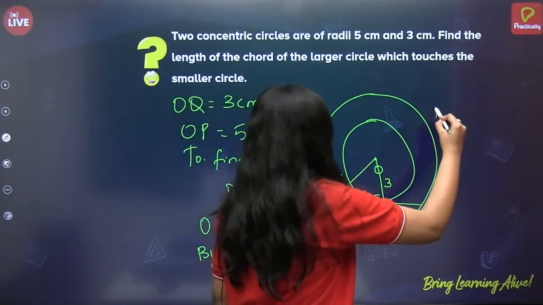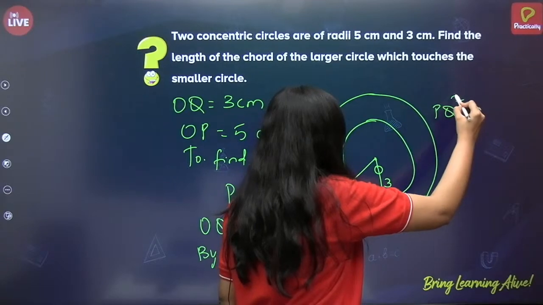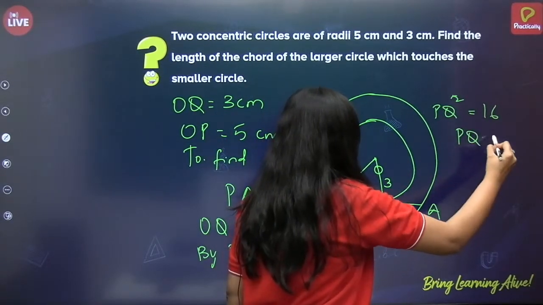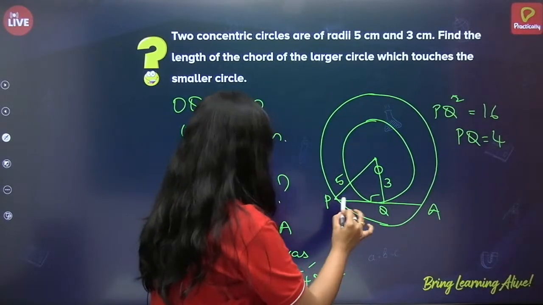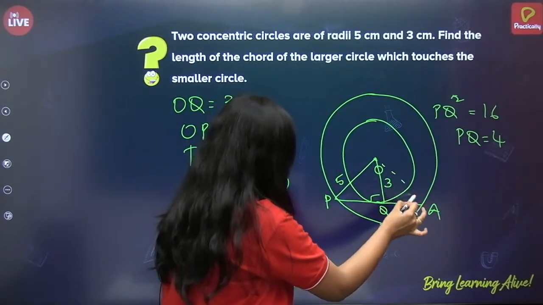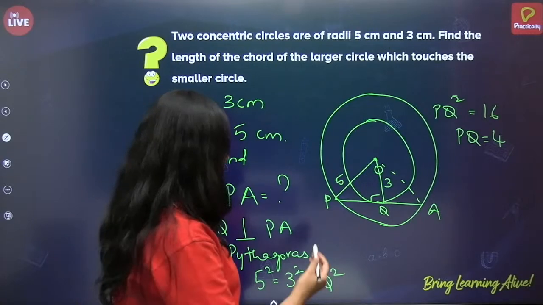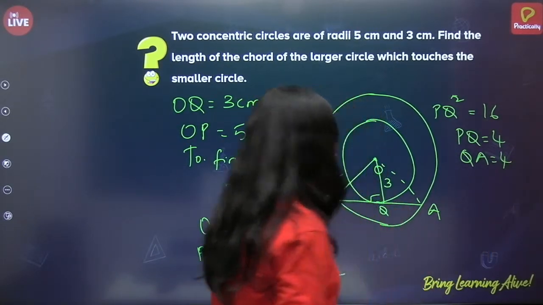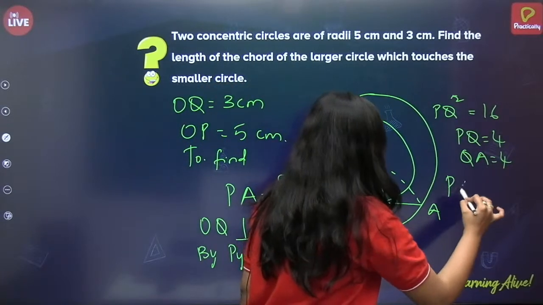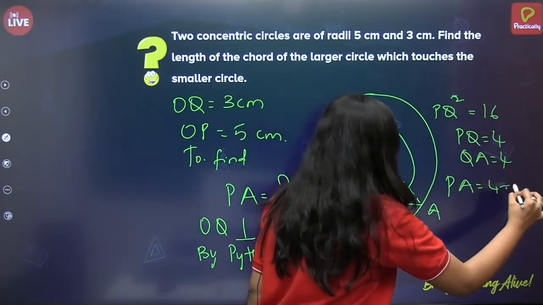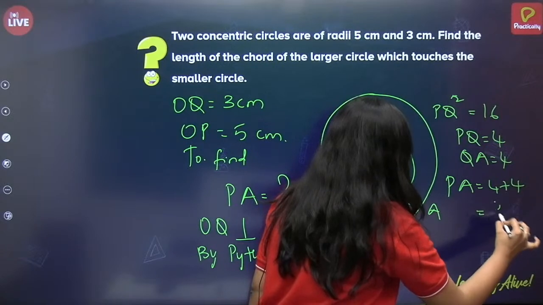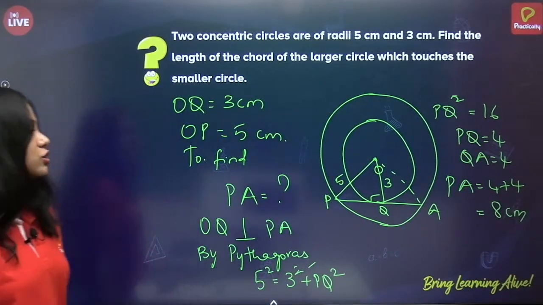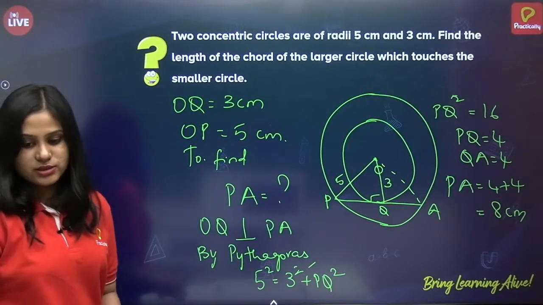So PQ square is equal to 25 minus 9, that is 16. So PQ is 4. If we do the same on the other side, we'll get the same thing, so QA is also equal to 4. So what is the length of the chord? PA is equal to 4 plus 4, that is 8 centimeters. Very good. So the answer is 8 centimeters.